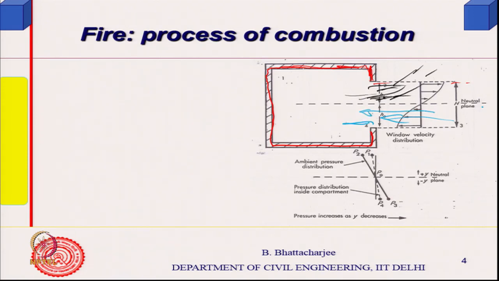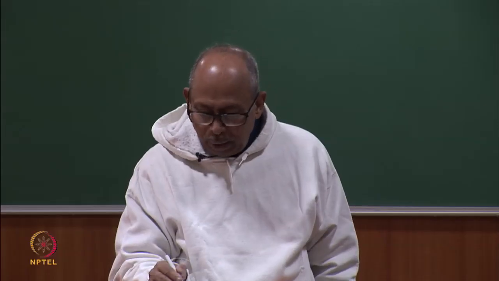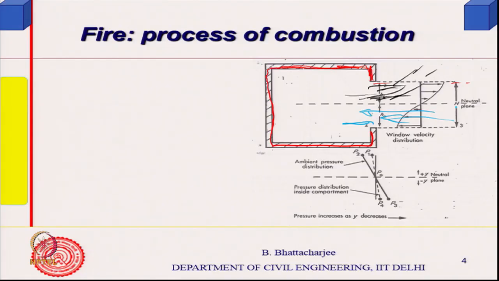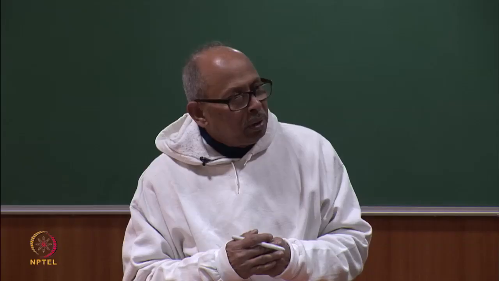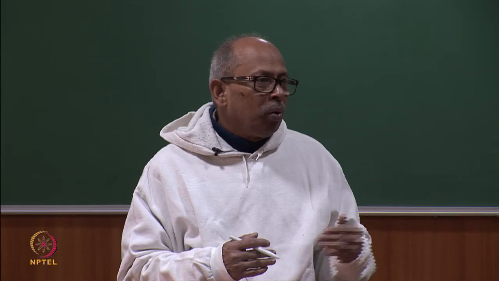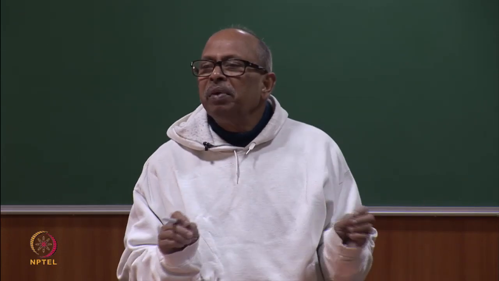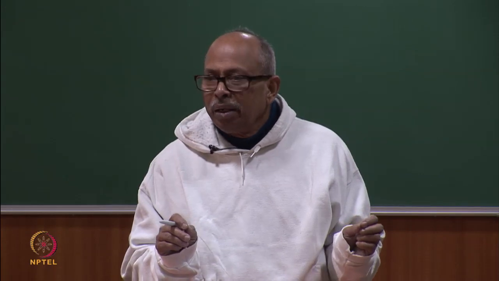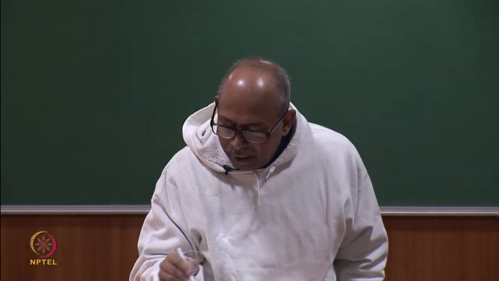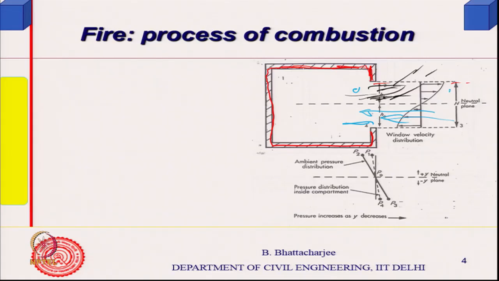And there is something called the neutral plane, which is actually the boundary between hot gases going out and cold fresh air entering. So the pressure difference should be 0 there. Here the pressure should be higher, on this side the pressure should be lower.